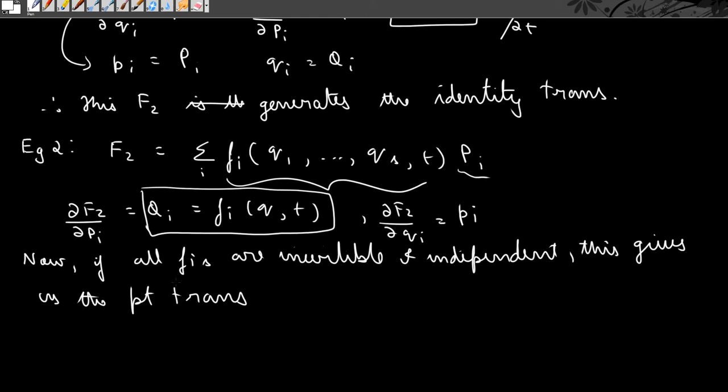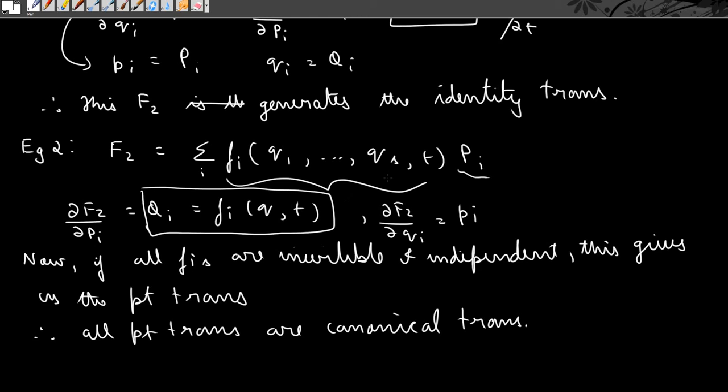So a point transformation is also going to be a canonical transformation, and that is why we considered this particular example. Therefore we can conclude that all point transformations are canonical transformations.